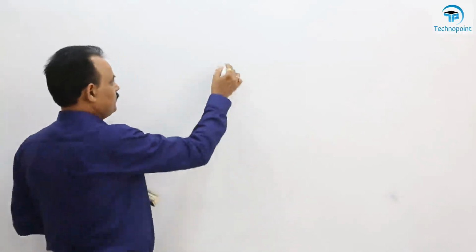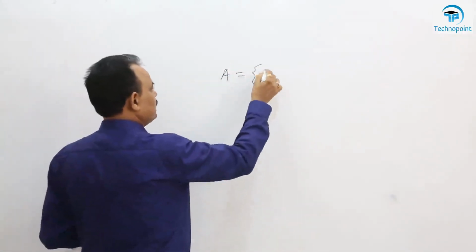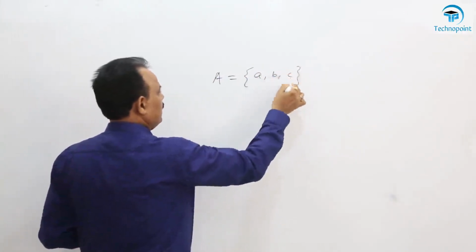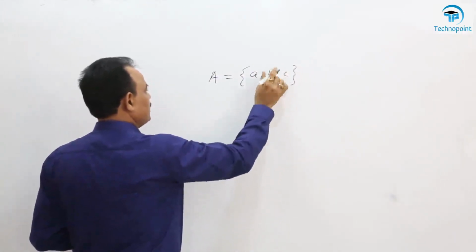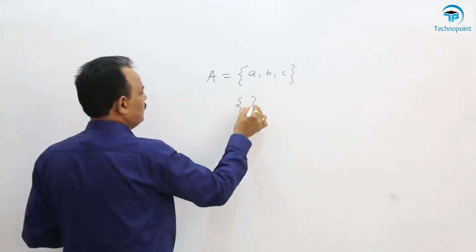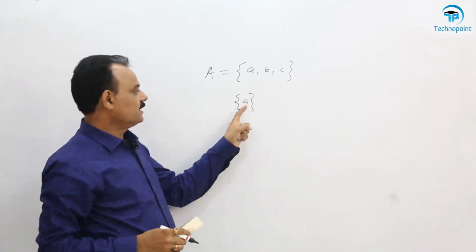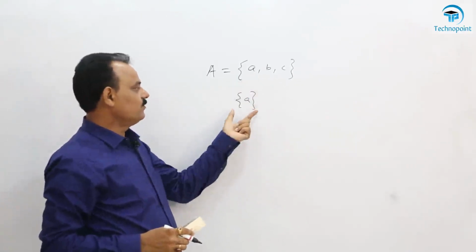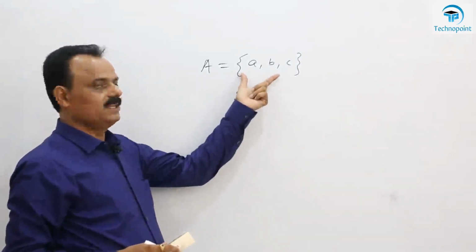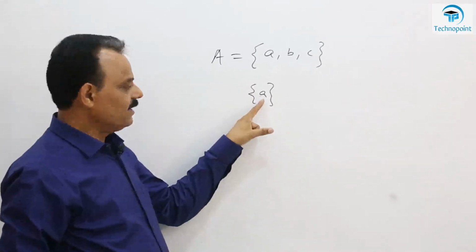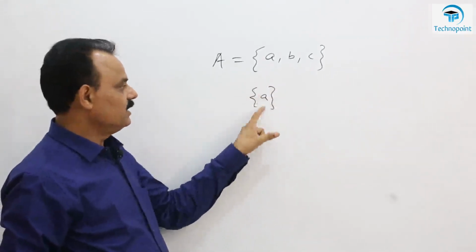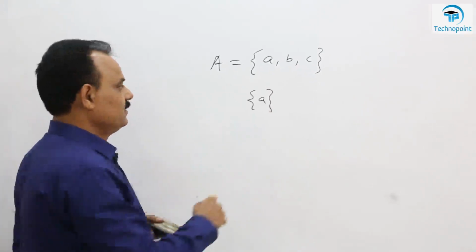Now suppose you have a set A, B, C and we have to make subsets of this set A. Now see this set having only one element. Every element of this set is an element of A. So obviously this set is what? Subset of A. इस सेट का प्रत्येक एलिमेंट, एक ही एलिमेंट है, वो इसमें भी है, तो ये जरूर इसका सबसेट है.